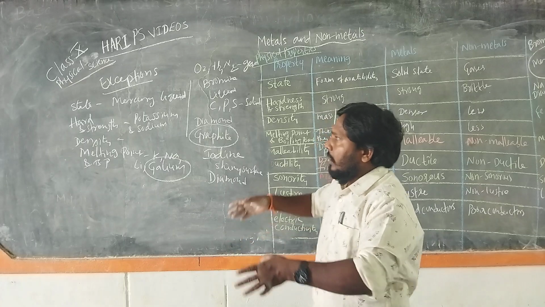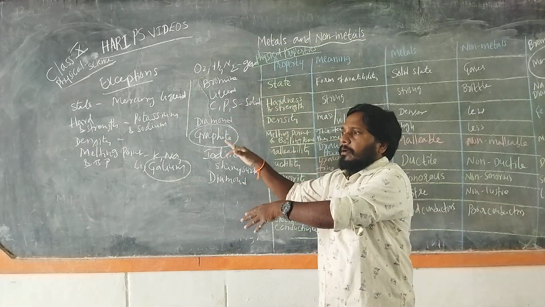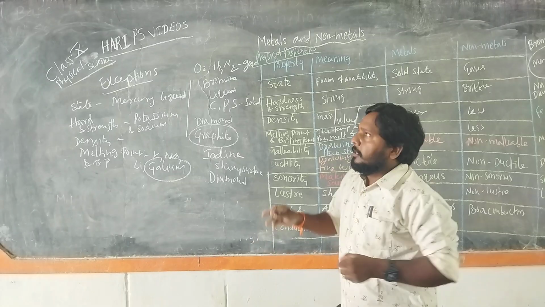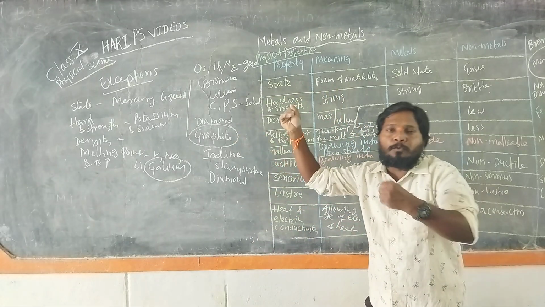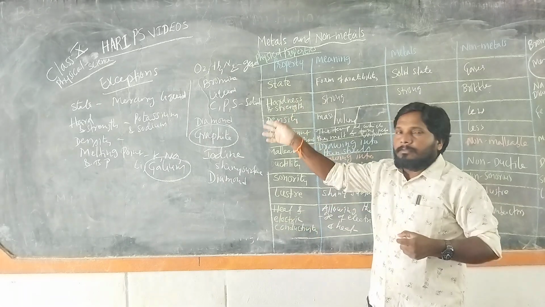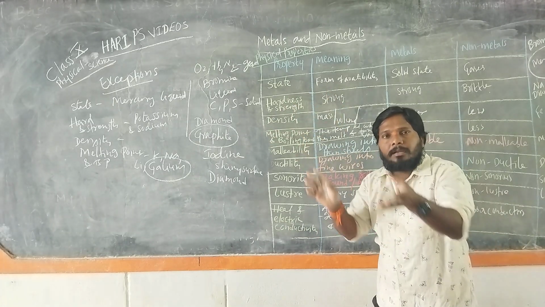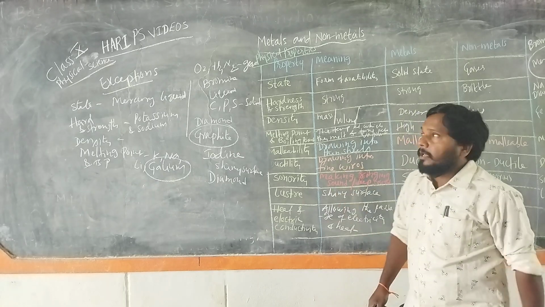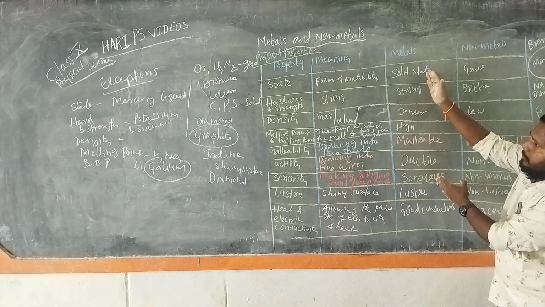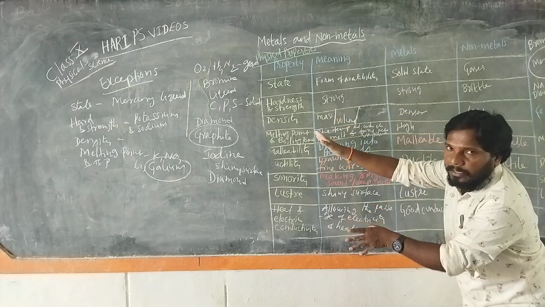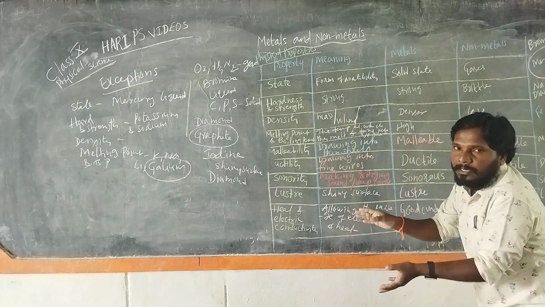What are metals, non-metals, then metalloids, then physical properties: to give the introduction of the chapter takes 1 minute. Then to explain each and every physical property takes a lot of time. First we explain the physical properties of metals, then later the physical properties of non-metals.